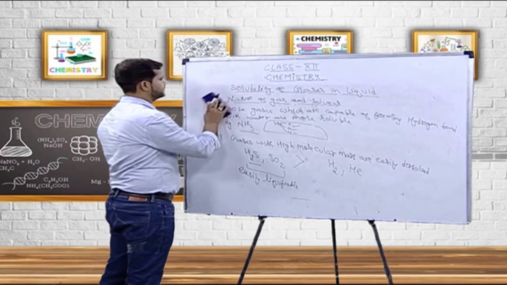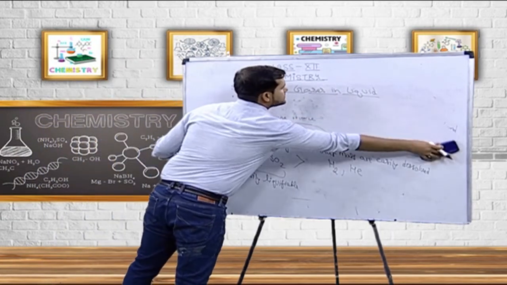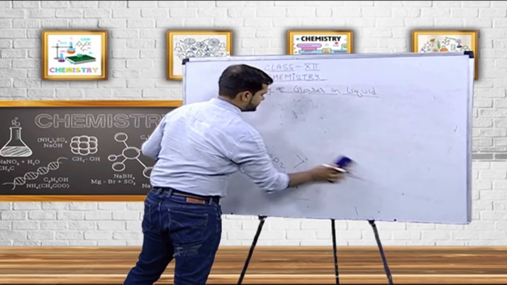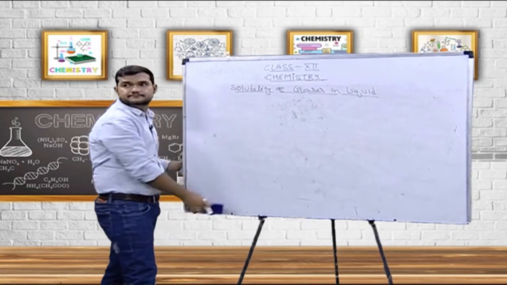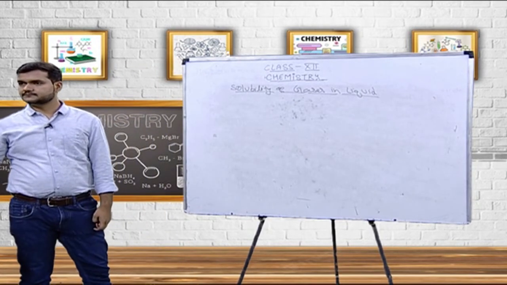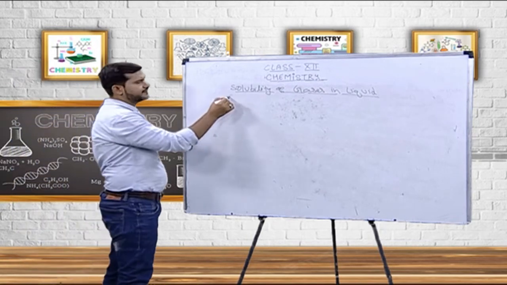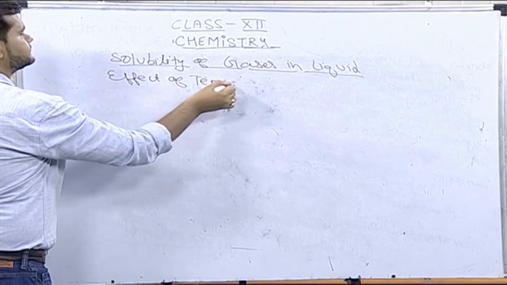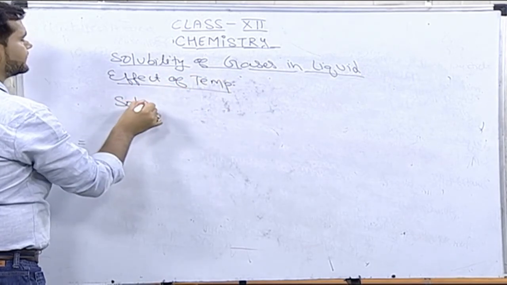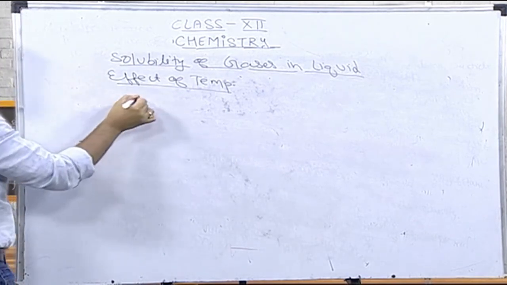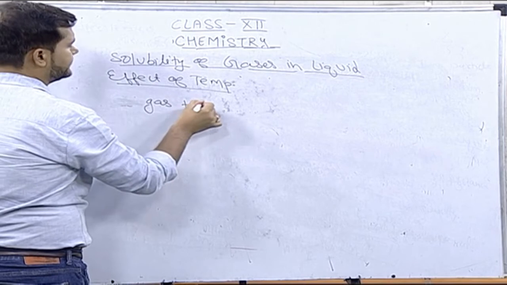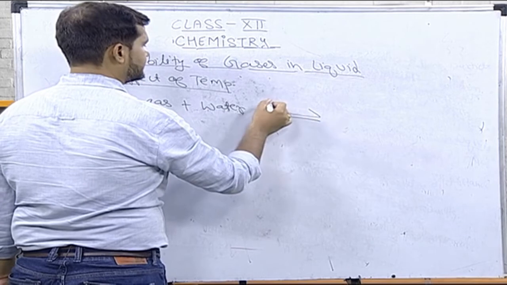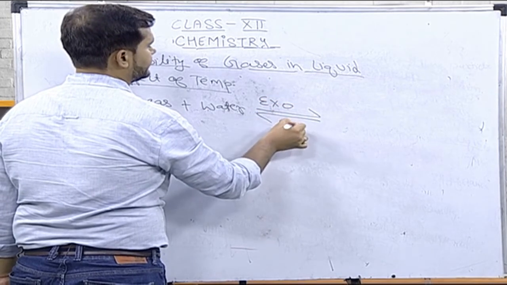Then another factor is temperature. How does the solubility of gases in liquid depend on temperature? This is important. Effect of temperature: the dissolution of gas in water is exothermic.